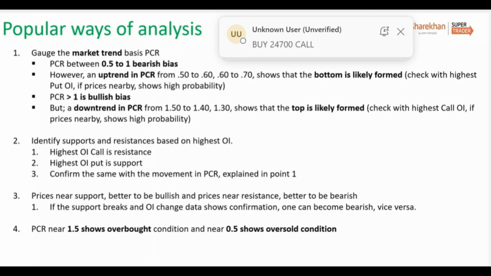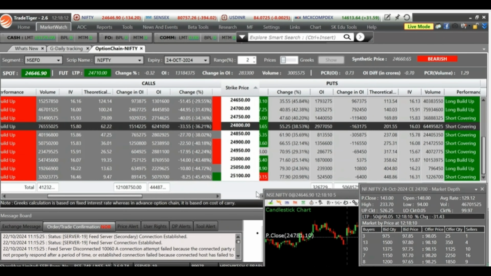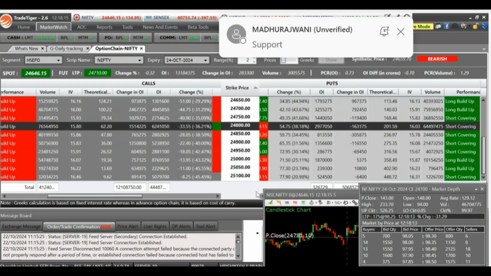So मॉर्निंग में जब मैंने देखा था, 11 के आसपास, 0.5 के आसपास था, 0.58 था PCR that time. Okay, and that time only Nifty had traded a bottom of around 24,630, जहाँ से एक अच्छा खासा बाउंस आया था 24,680 तक, 50 एक पॉइंट का बाउंस आ गया था.